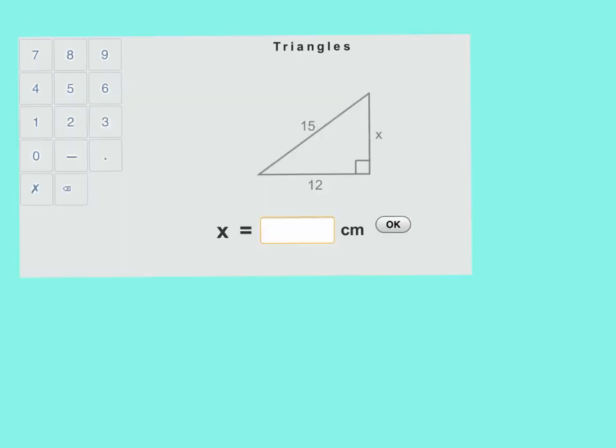Okay, let's look at that again. Now the triangle's shifted a little bit, but as I look at my triangle, across from the right angle is the letter C. So we're going to follow the same procedure. A squared plus b squared equals c squared. And then under the C is 15 squared.